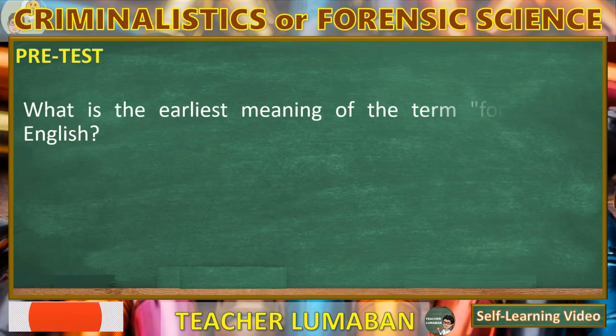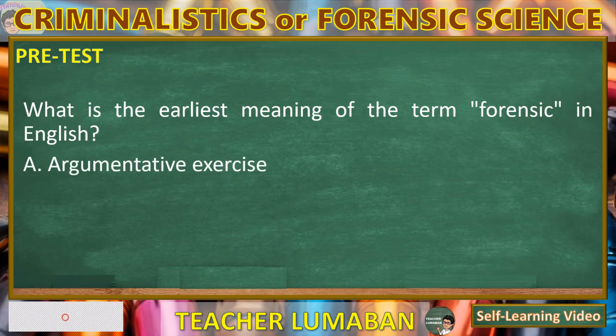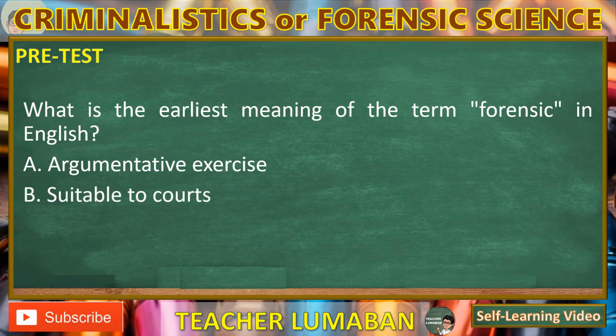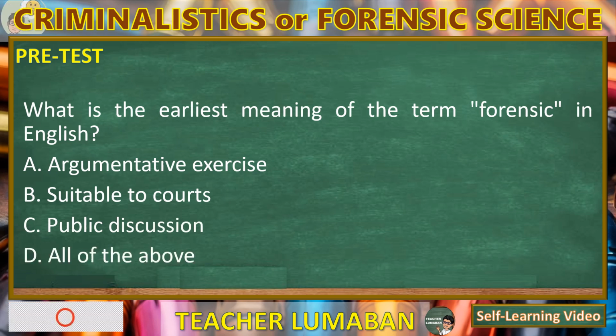What is the earliest meaning of the term forensic in English? A. Argumentative exercise. B. Suitable to courts. C. Public discussion. D. All of the above.